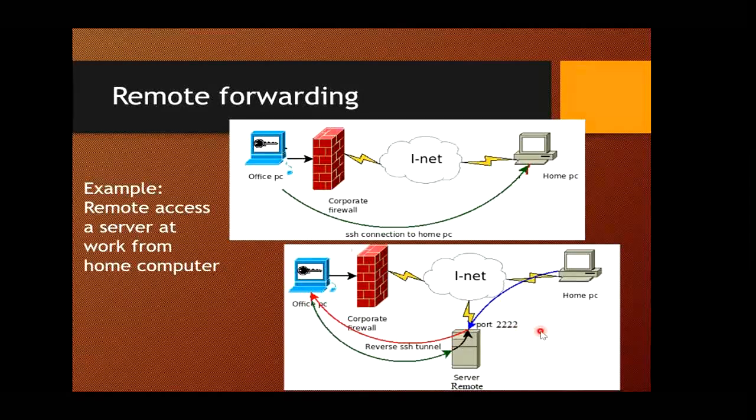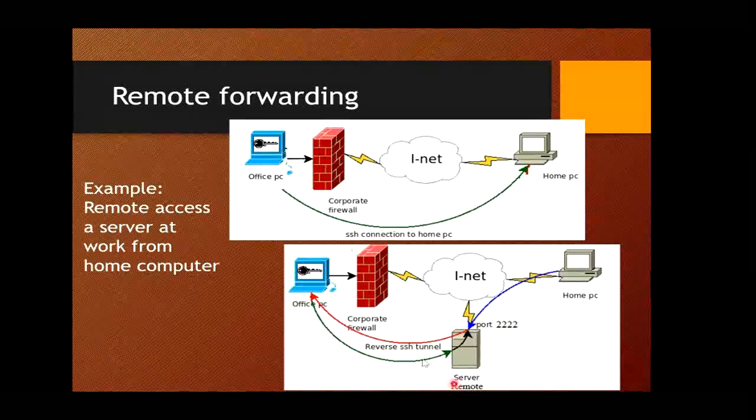Now you can go to your home computer and configure SSH to accept the traffic on port 2222. You can see that you now have an SSH tunnel that can be used for remote login.